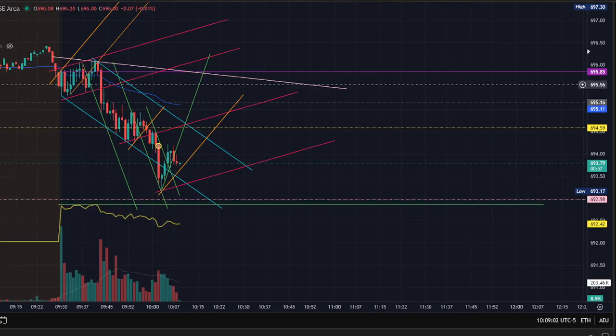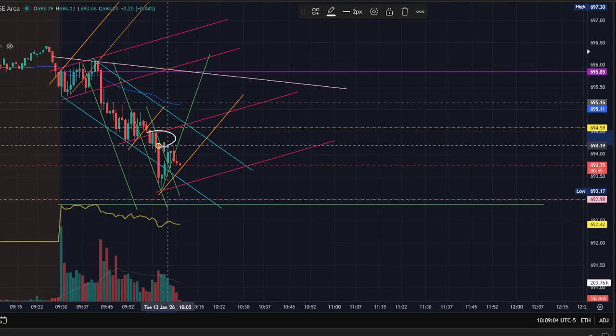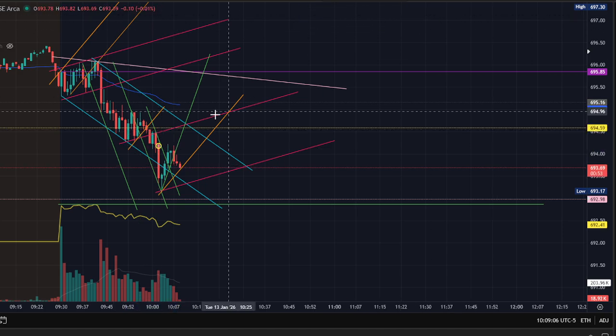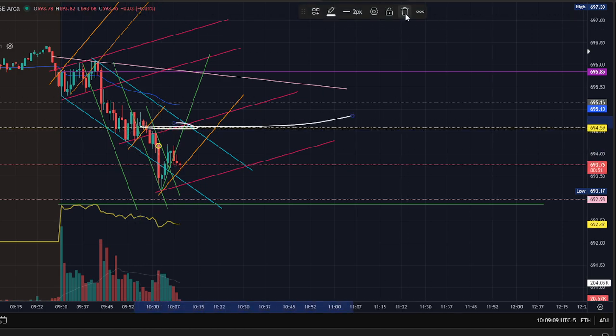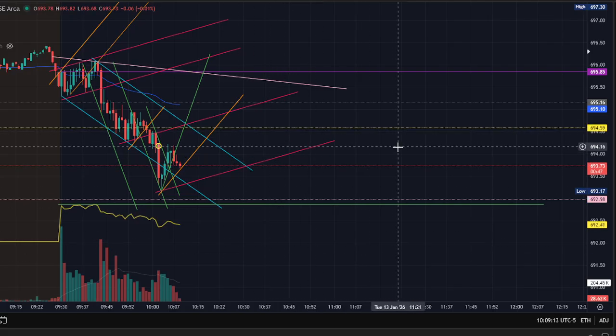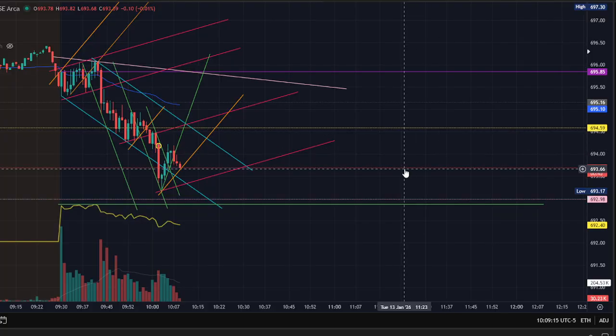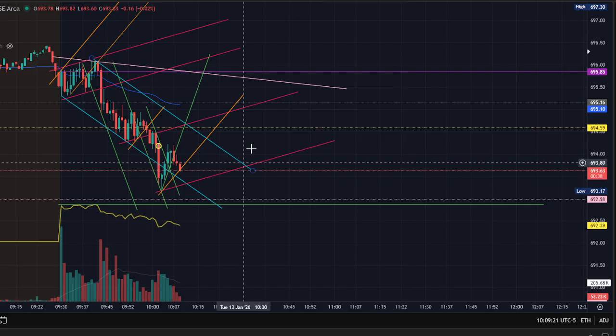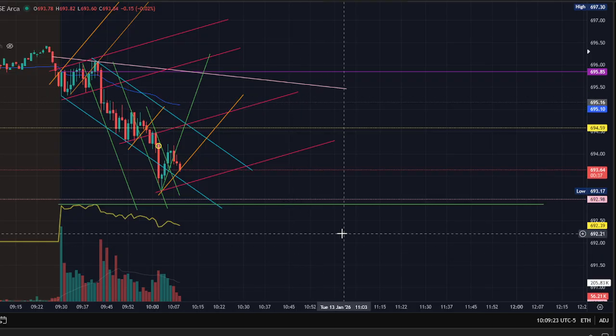Another thing to point out for this position here, right? The 694.59 level becoming resistance, right? Very important. This is where the liquidity level was prior. So its breakdown was going to be nice, right? But still in an uptrend, right?